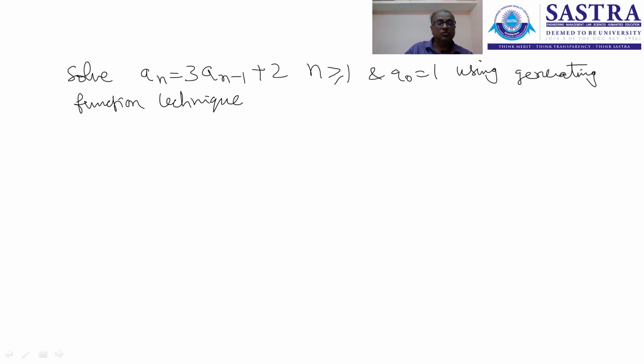So this would be the basic one. Now what I do here is I multiply the left hand side and right hand side of the given equation by z power n. So now I'll have plus 2 into z power n.